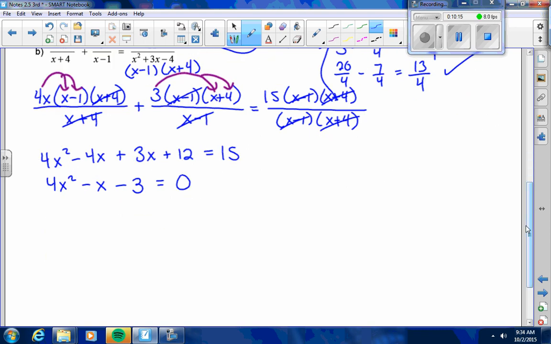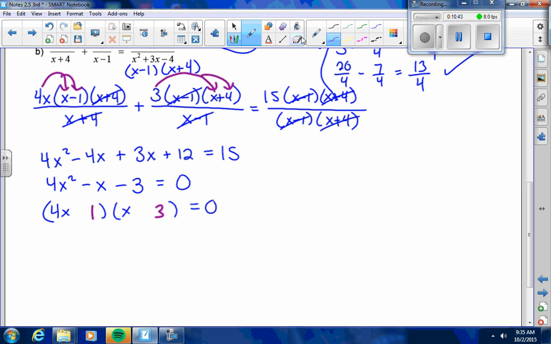Now we need to see if we can factor that. Let's try 4x and x. What are the factors of 3? 3 and 1. So let's think about, could I put a 1 there and a 3 there? Will that work? No, because then that would be 1x in the inner and a 12x in the outer. Will that give me a negative 1 in the middle?